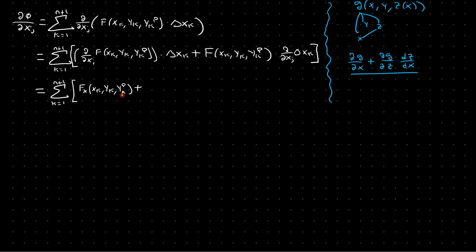That's this x derivative right here, plus the derivative of f with respect to its third component, which is y prime, at xk, yk, ykp, times the derivative of ykp with respect to xj, and all of this is times delta xk.